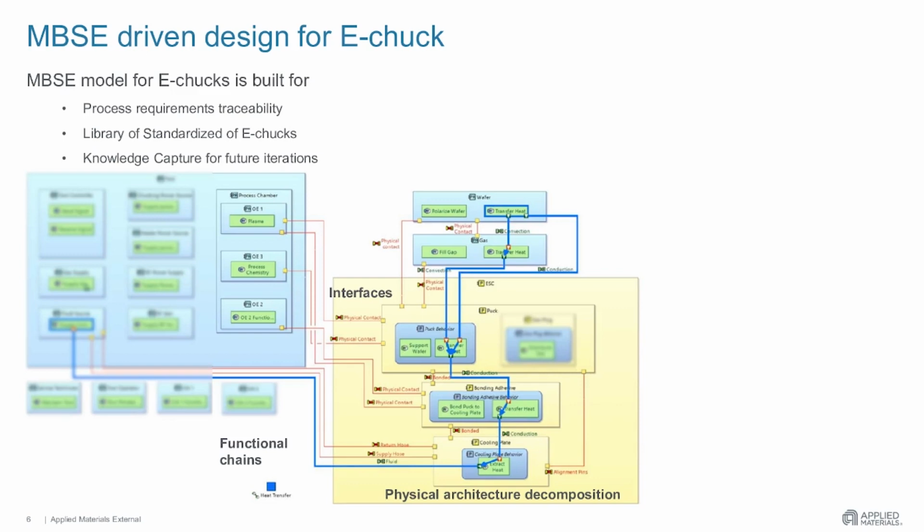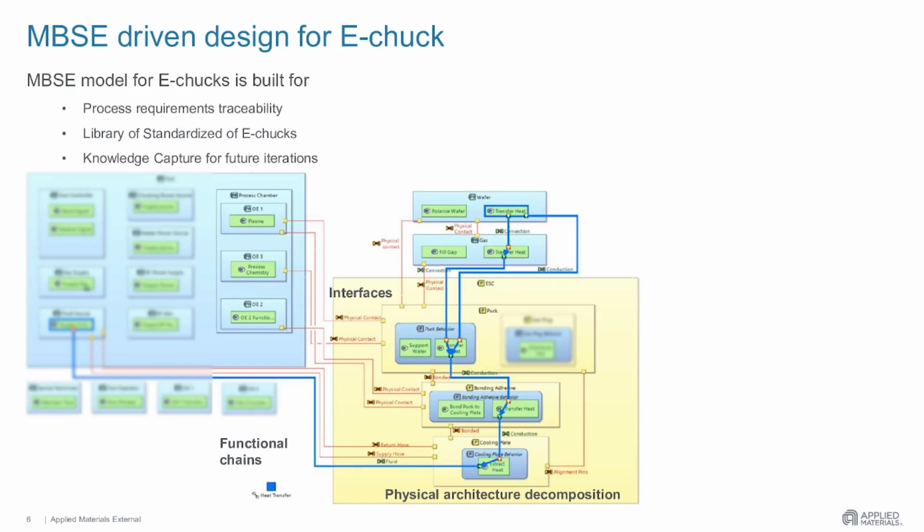One is the scope in terms of the size of the electrostatic chucks was fairly manageable. They have anywhere between 15 to 30 different components based on the application requirements and the actual type or the mechanism of the electrostatic chuck.